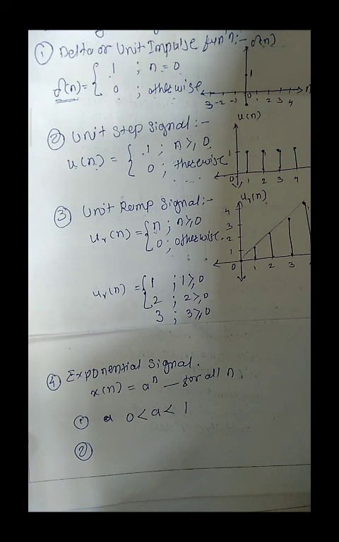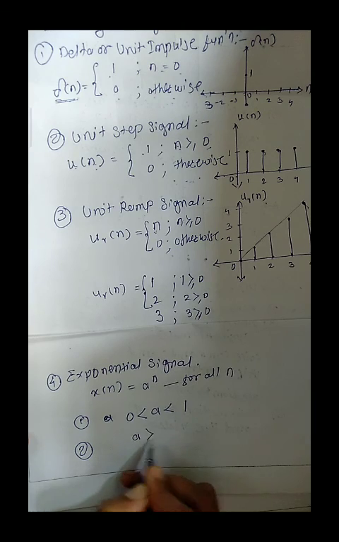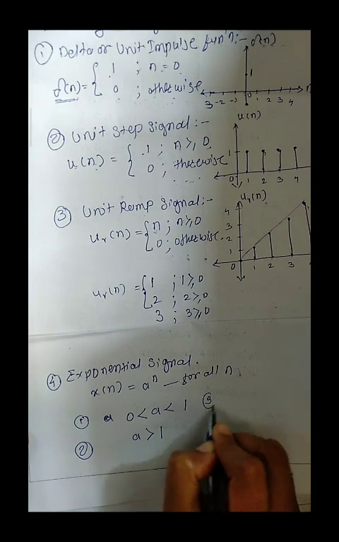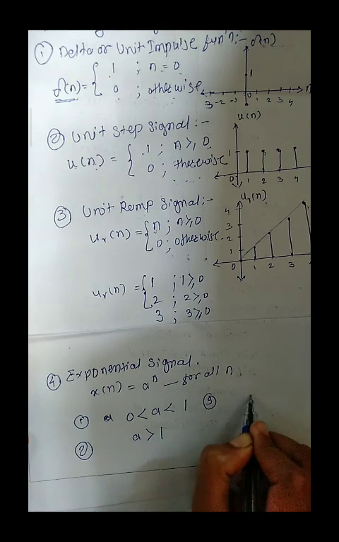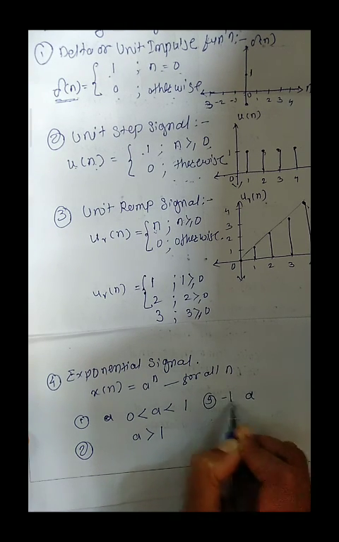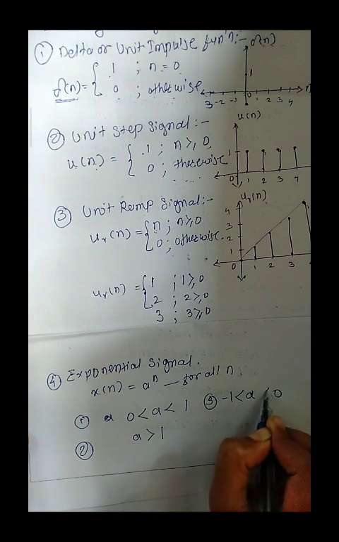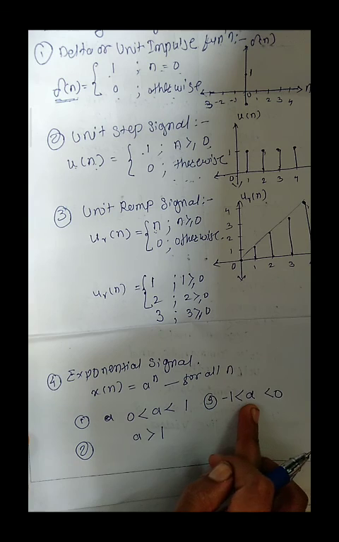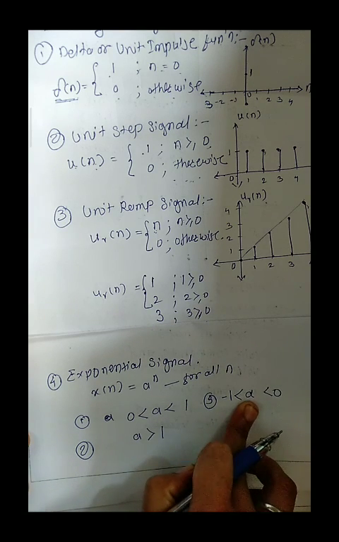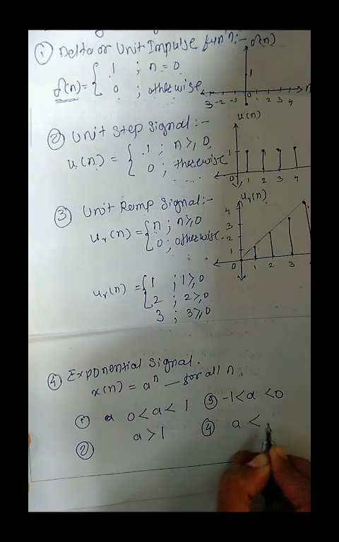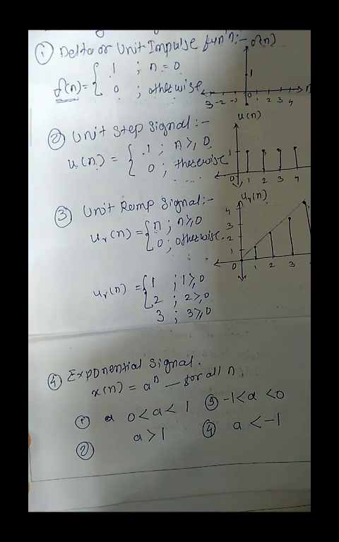The second condition is a is greater than 1. The third condition is a is between -1 and 0, that means a is greater than -1 but less than 0. And the fourth condition is a is less than -1. So these are the 4 conditions for the exponential function.